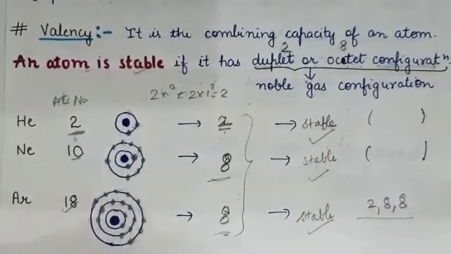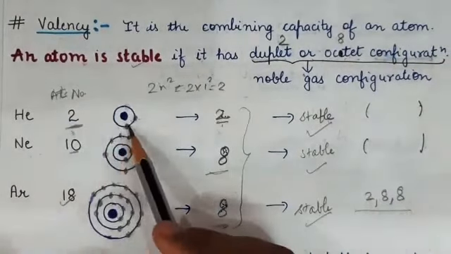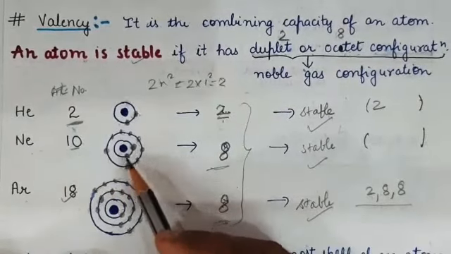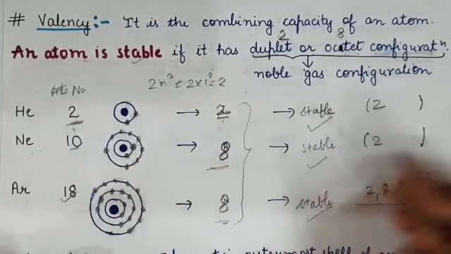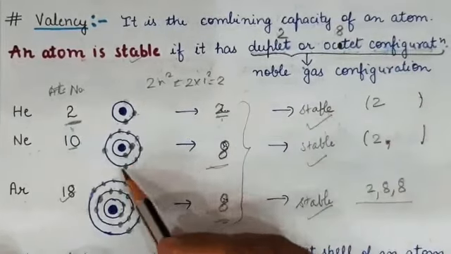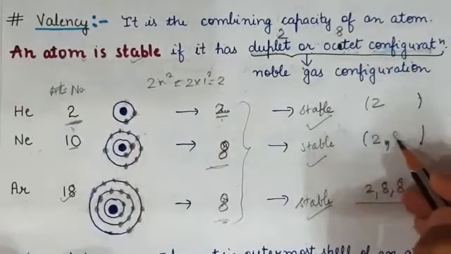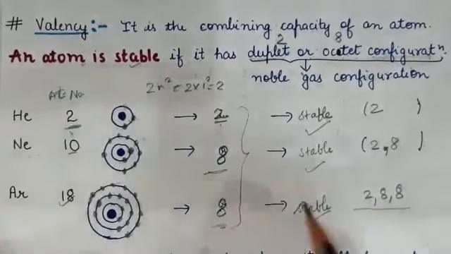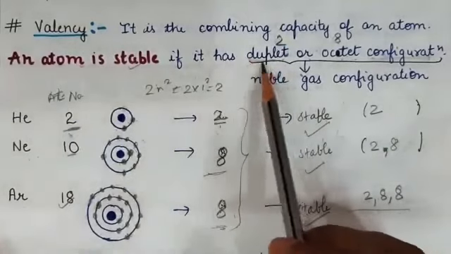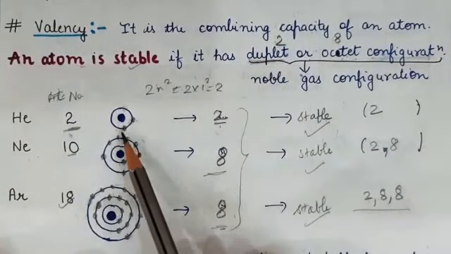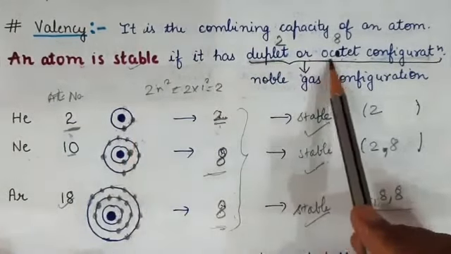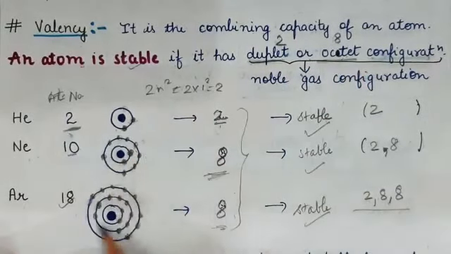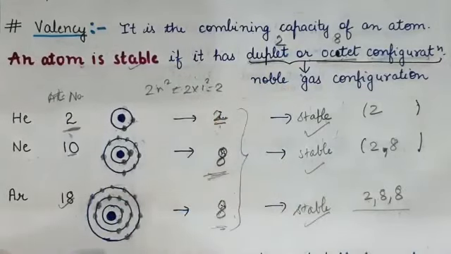And what is the electronic configuration now? Write down 2 electrons in the first shell, so 2. In the second case, 2 electrons in the first shell, comma, how many electrons in the second shell? 8. So 2, 8. Similarly for the third, 2, 8, 8. So these are all stable. Why? Because it has doublet configuration for the first shell and for the other shells it has octet configuration. Means the outermost shell has 8 electrons, so they are all stable.